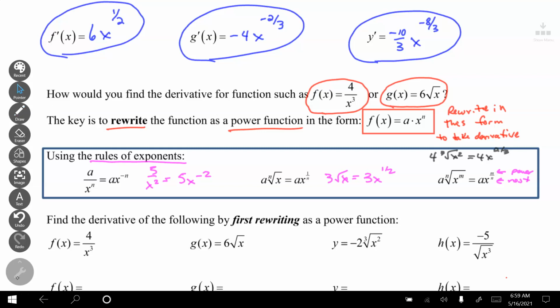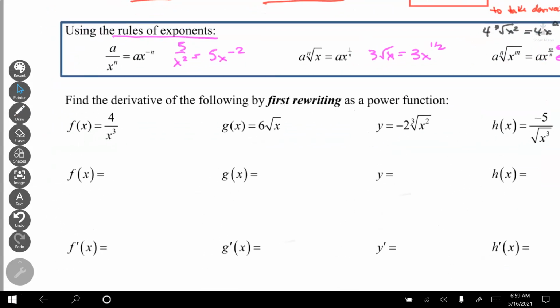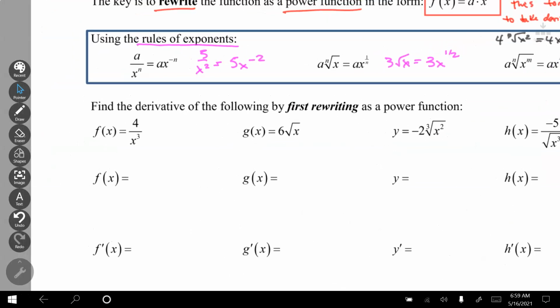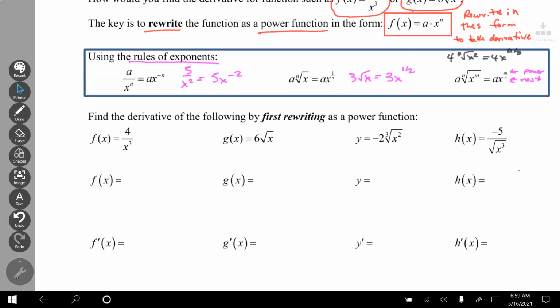So let's try some examples. First, I should rewrite these. For all these problems, I'm going to rewrite: 4 over x cubed is really 4x to the negative 3. And now I can take its derivative by using my power rule: negative 12. And don't forget, it's subtracting 1, so it's x to the negative 4.